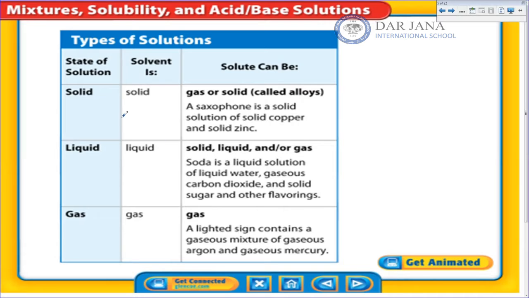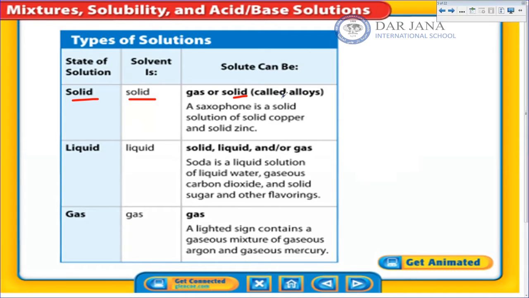First, we have here the solid solution. Of course, if the solution is a solid, then the solvent should be also solid. In a solid solution, the solute can be either a gas or solid. Of course, if it's a solid, we call it alloy.